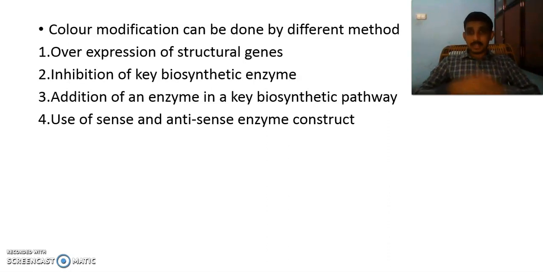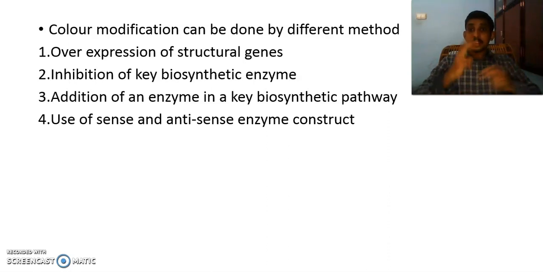But in some cases, if we insert the same copy of a gene into a plant cell, that leads to a process called co-suppression. Co-suppression means if type A gene is present in a plant cell, and then I insert a type A gene or a gene which is very similar to type A from a foreign cell into that cell, then what happens?